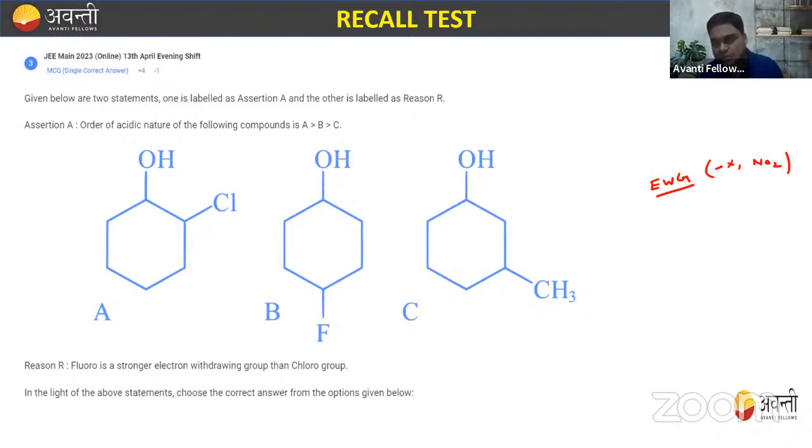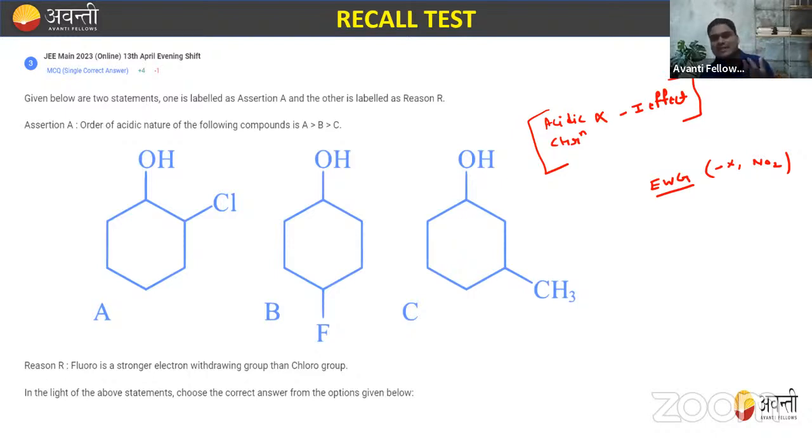Similarly, in the case of cyclohexanol, whenever we introduce some electron withdrawing group, it always increases the acidic character, because acidic character is directly proportional to the minus I effect. This is a very important point. Acidic character is directly proportional to the minus I effect and inversely proportional to the plus I effect.